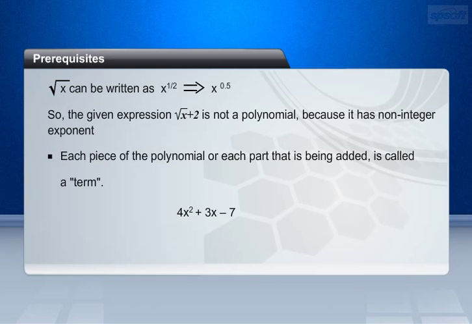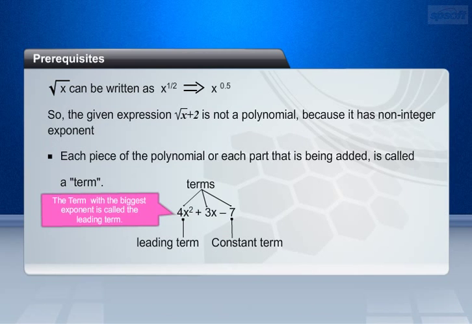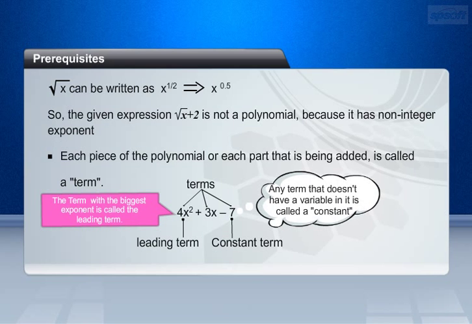Thus 3x, 4x squared, and minus 7 are called the terms of a polynomial. Here we can say that 4x squared is a leading term, and minus 7 is a constant term. We can define the leading term as the term with the biggest exponent, and a constant as any term that doesn't have a variable in it.